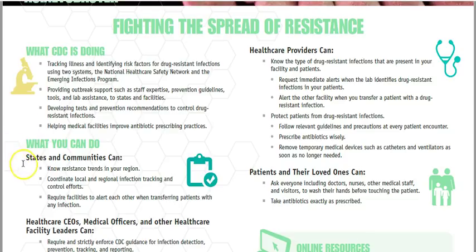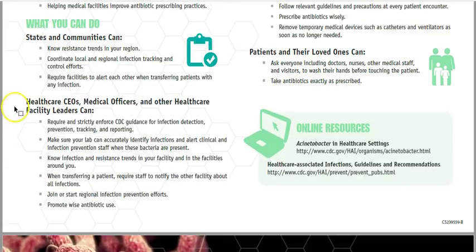What you can do: states and communities can know resistant trends in your region, coordinate local and regional infection tracking and control efforts, require facilities to alert each other when transferring patients with any infection. Healthcare CEOs, medical officers, and other healthcare facility leaders can require and strictly enforce CDC guidelines for infection detection, prevention, tracking, and reporting.